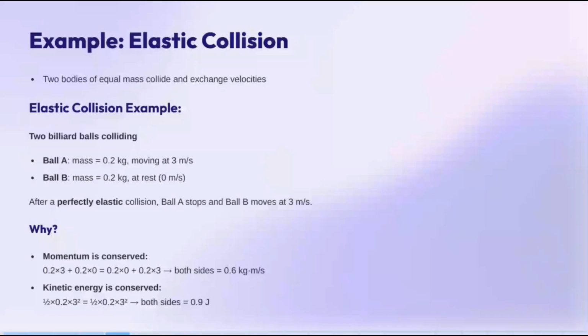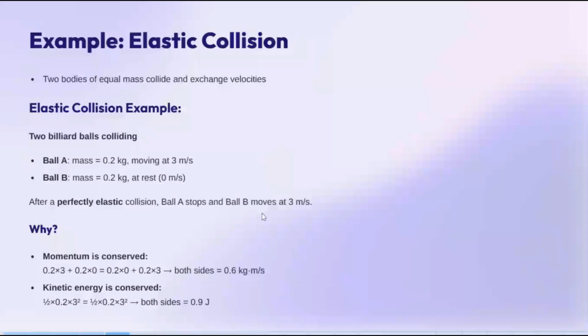So that is 0.2 kilogram times its speed plus 0.2 kilogram times its speed. Here we have 0.2 kilogram times the speed of 3 plus 0.2 kilogram times 0. Now the final speed of A becomes 0, so that is 0.2 times 0 and 0.2 times 3, because the final velocity of B becomes 3.